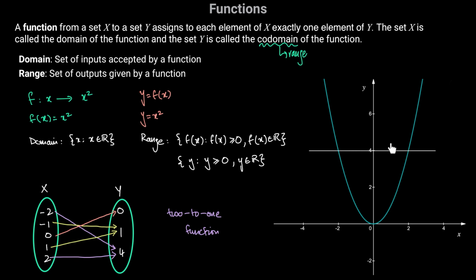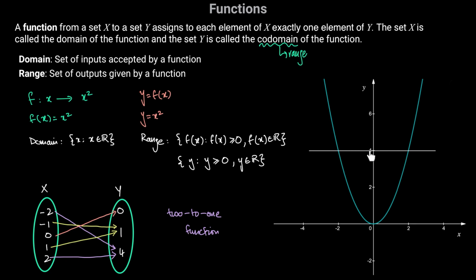Again, the horizontal line represents the output, and if the output over here is y is equal to 4, that could have been the result of the input being x is equal to -2, or the input x being positive 2 over here. So what that means is that on the graph for this function, I can draw this horizontal line anywhere, and if there is a horizontal line such that it intersects this graph at more than one point, then it's not a one-to-one function, because there are certain outputs that were a result of more than one possible input.